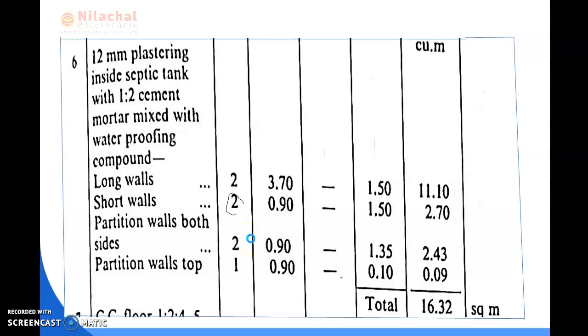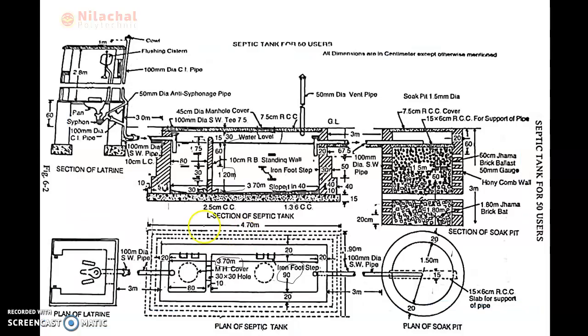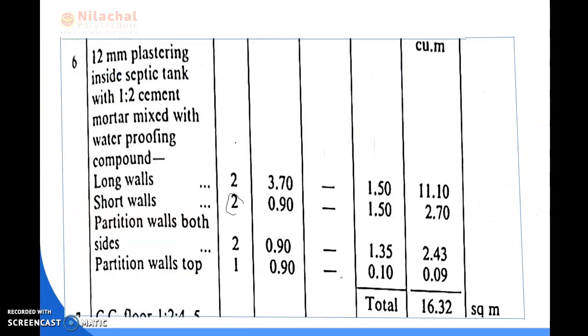The length of the RB wall is 0.90, from this point to this point. We do not need the breadth because we are calculating plastering. The height from this point to this point is 1.35, which we already calculated. So for the RB wall, 2 numbers, 2 sides, length is 0.90 and height is 1.35.